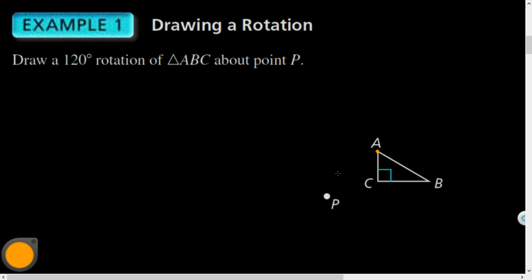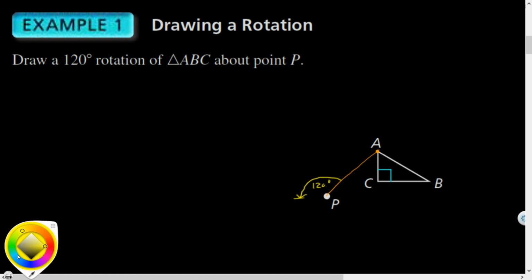What we would do is draw that segment with a straight edge. We would measure 120 degrees from there. I don't have a protractor quickly, so I'm just going to rough sketch this. I would measure 120 degrees this way using a protractor and mark that point.